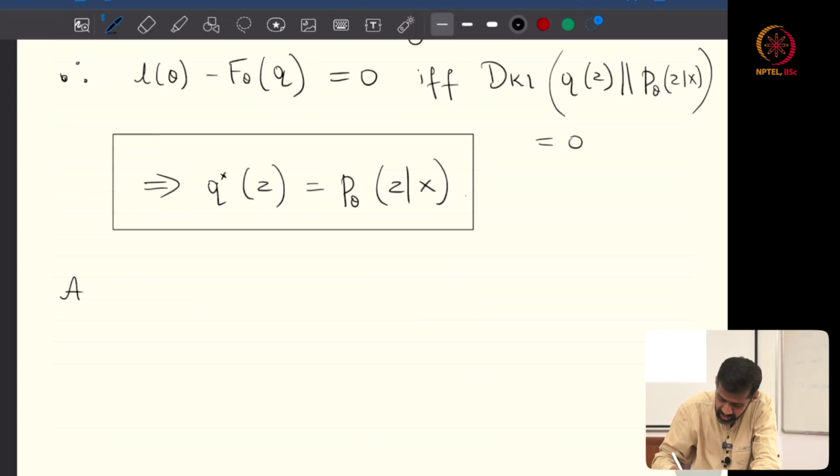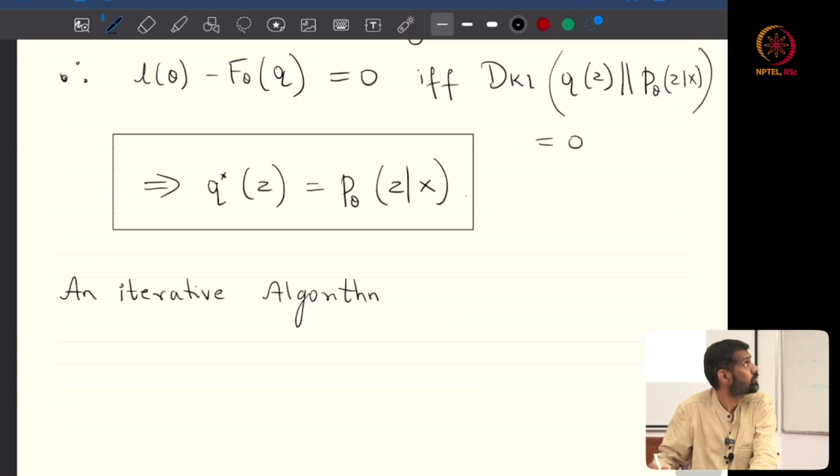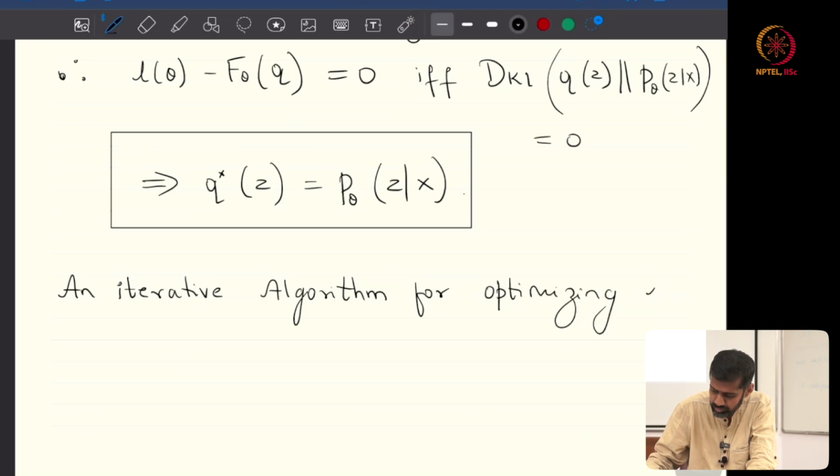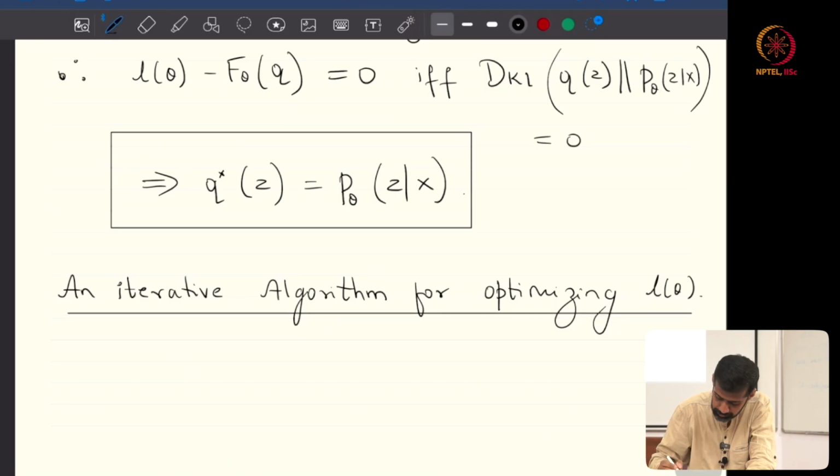An iterative algorithm, initialized with some theta naught.